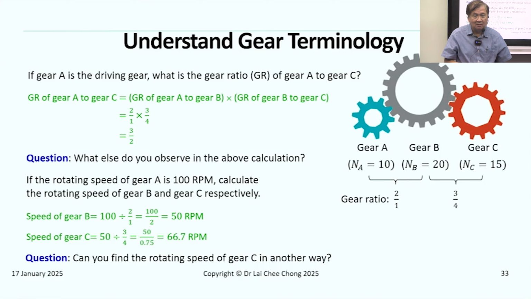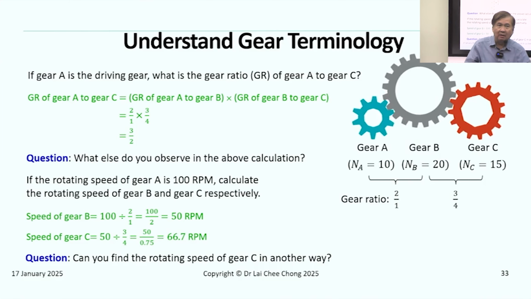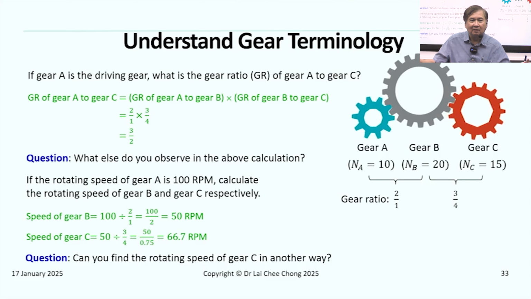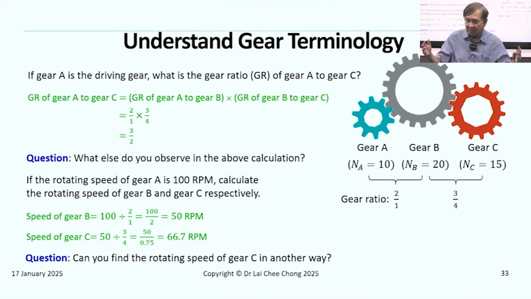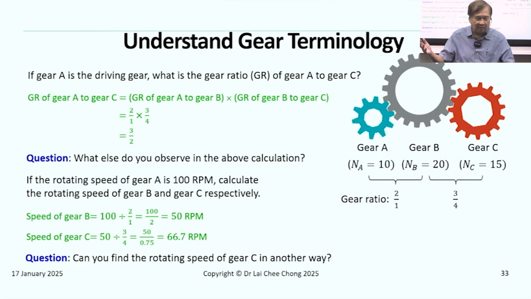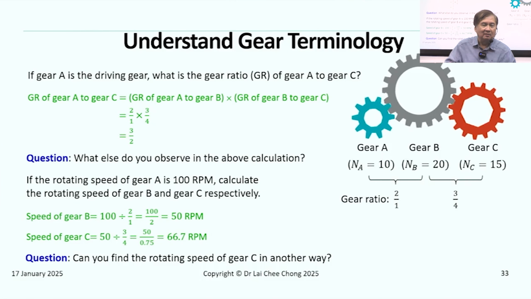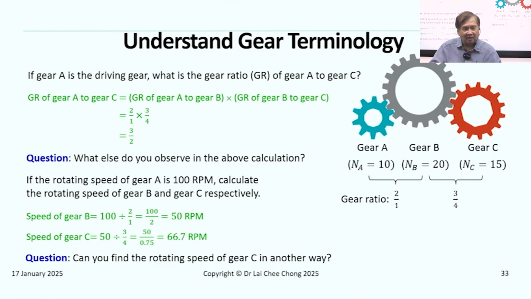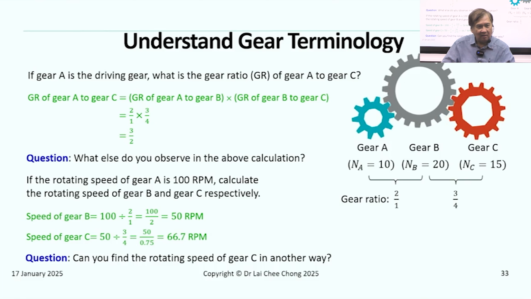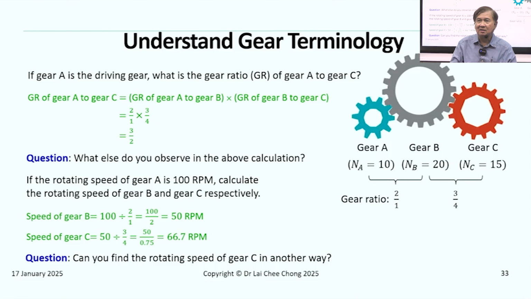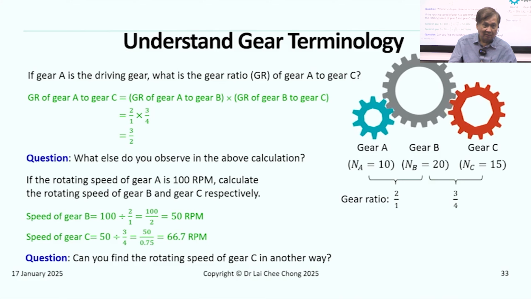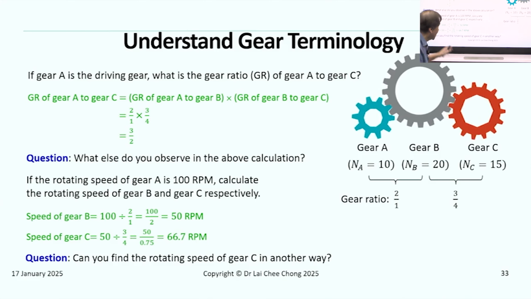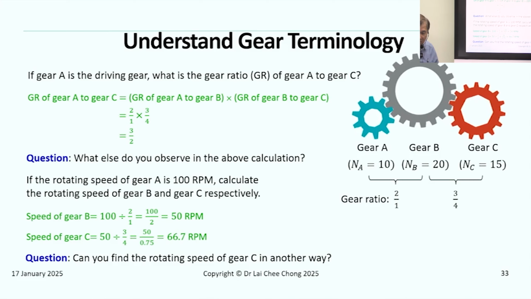Now if I have more than 3 gears, let's say four gears, 1, 2, 4, and A is the driving gear, the last gear is gear D. Can I find the gear ratio of gear A to gear D? Yes, you can find it also. That's the beauty of this kind of interlocking gear. All right, so that's what you can do here.